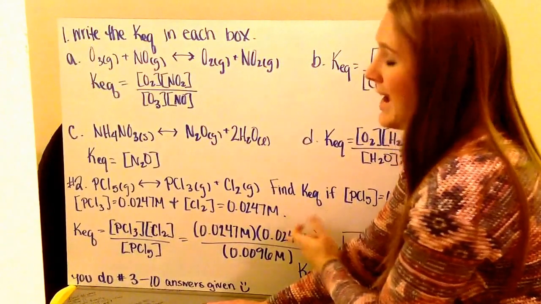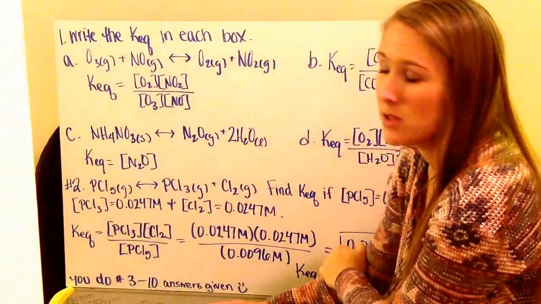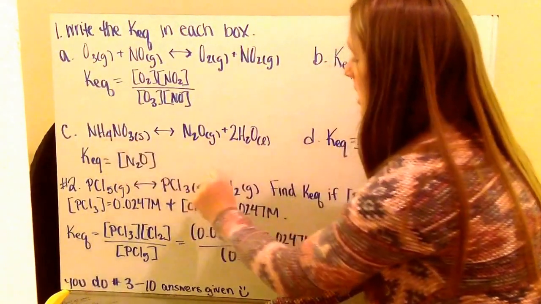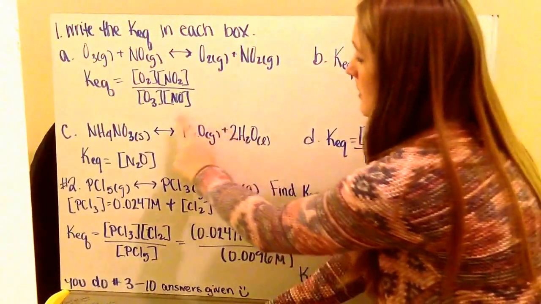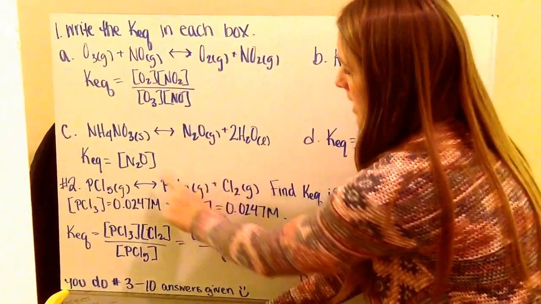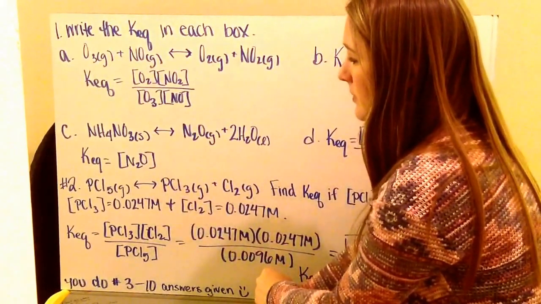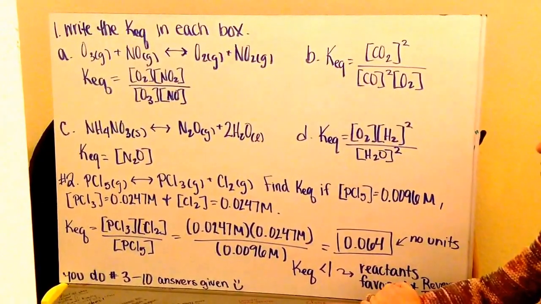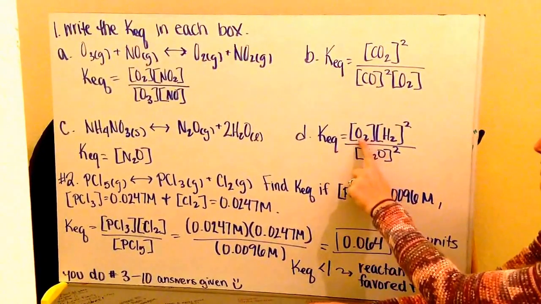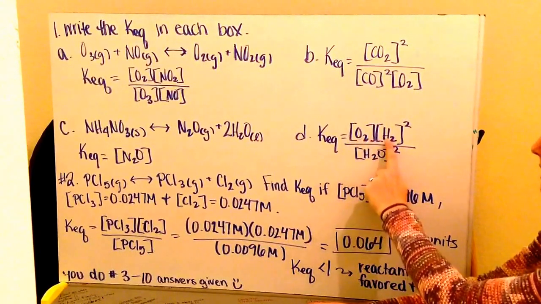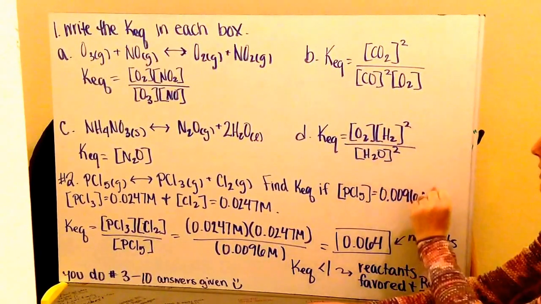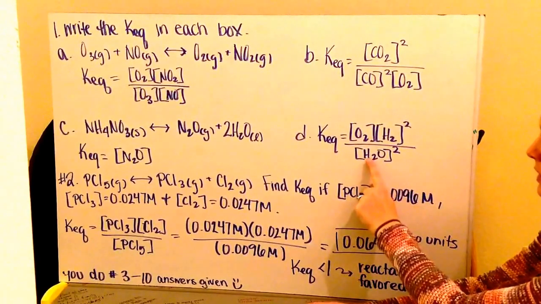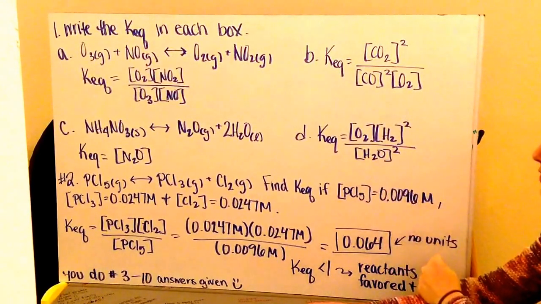Again, I can only have gases or aqueous solutions in my KEQ, so I do not include ammonium nitrate, I do not include water, and I'm simply left with dinitrogen monoxide, so that's all I write. Go ahead and try letter D. For letter D, you should get your KEQ equal to the concentration of O2 times hydrogen squared, because of its coefficient, divided by water in its steam, or gaseous form, raised to its coefficient of 2.